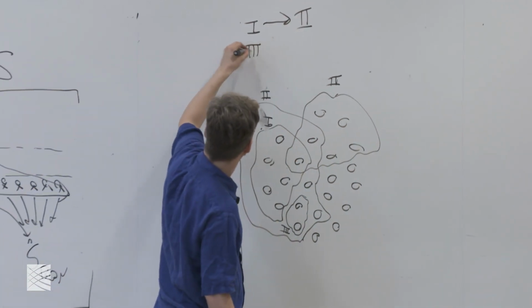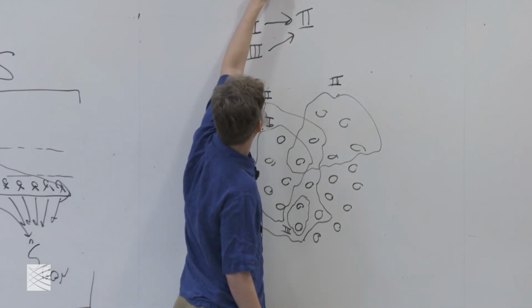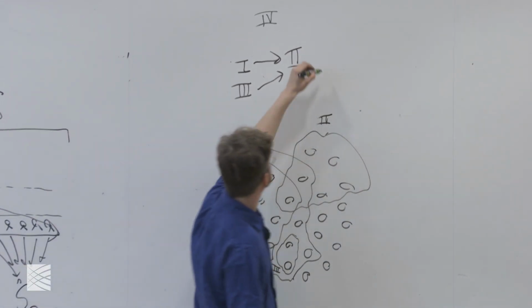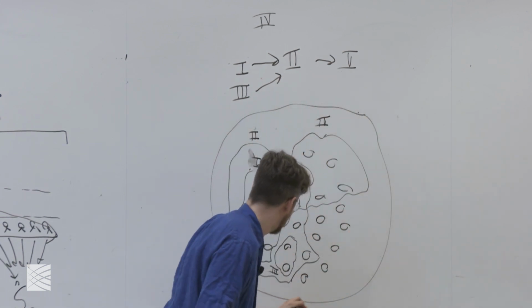Likewise, 3. And then 4 is just kind of hanging out here. It has no relationship to anything, actually, in this case. Maybe we have some other group, 5, which includes all of them or something.